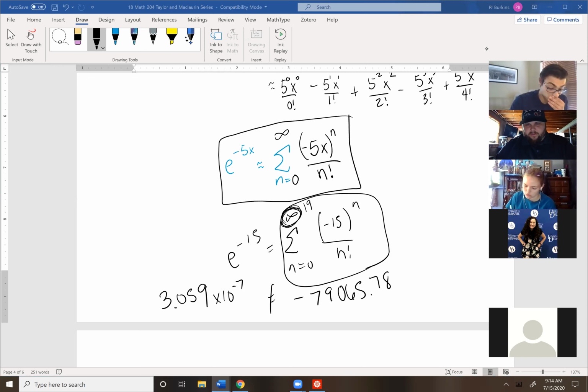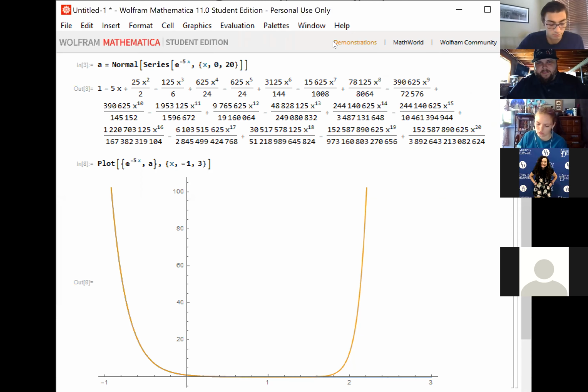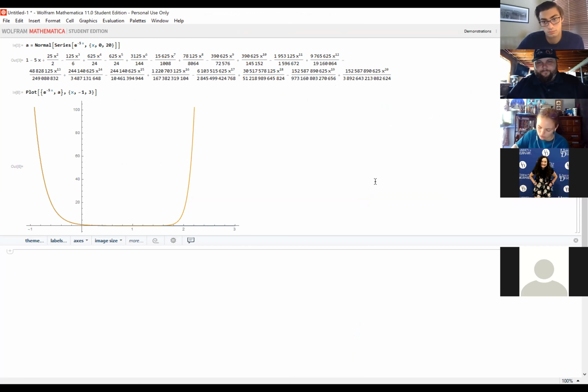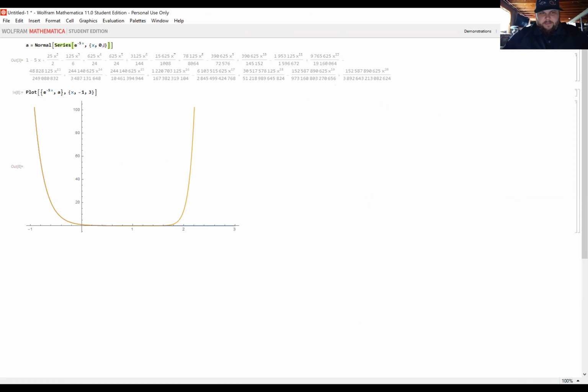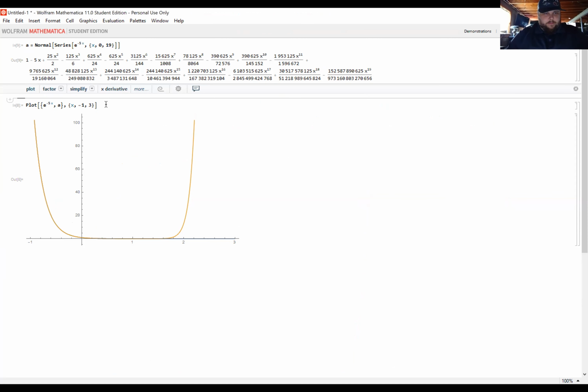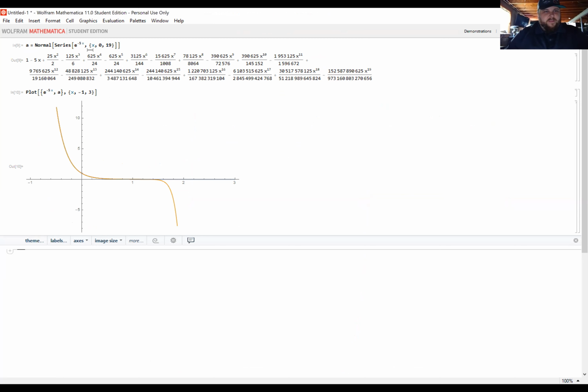So let me show you my plot here and see if this helps. What I've done is taken the first 20 terms, up to 19, of e to the minus 5x, and you'll notice the first 5 here are the ones that we calculated together. So I took those and I plotted them along with e to the minus 5x.